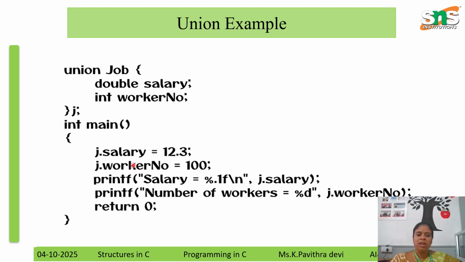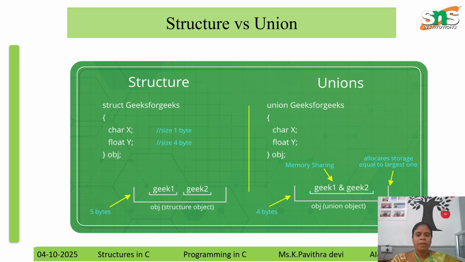Then we assign the salary as 12.3, a floating or double value, and the worker number as an integer. Just print the salary and the worker number, and it will return these values.